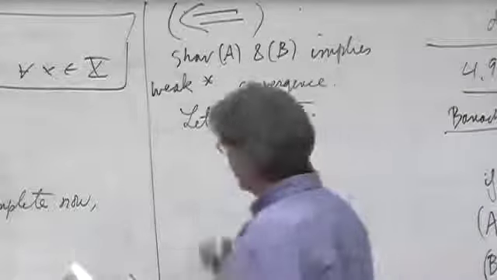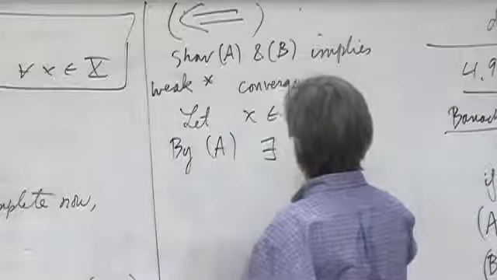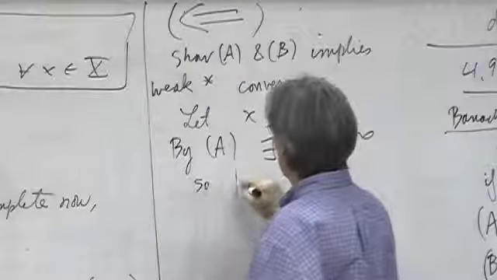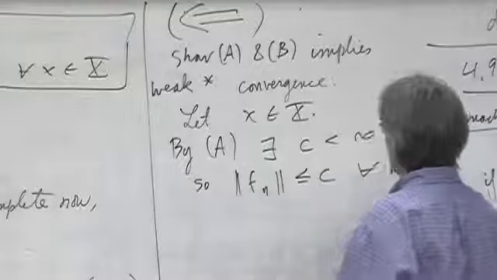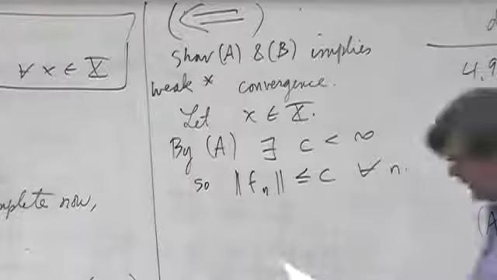By A, what I have first is there exists a constant C less than infinity so that the norm of Fn is less than or equal to C for all n. So I've bounded all my norms.